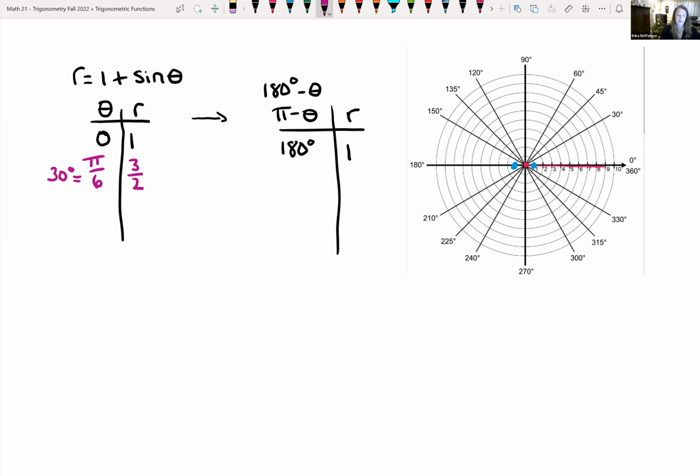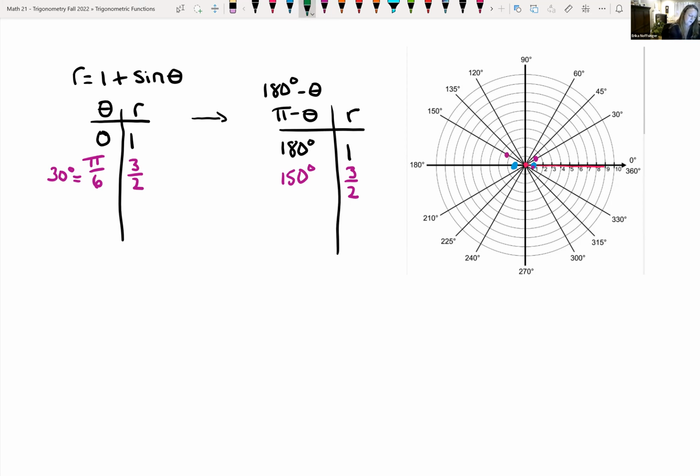So I know that 180 degrees minus 30 degrees is 150 degrees. And my r value is going to be the same, 3/2. So plotting that point there at 30 degrees, so going up 30 degrees, our r value is 1.5. And if we go 150 degrees, we also have 1.5.